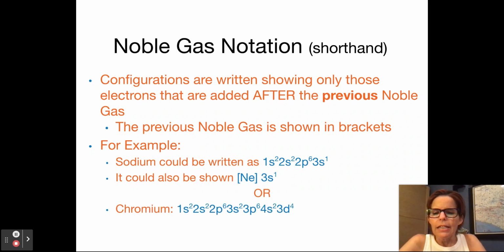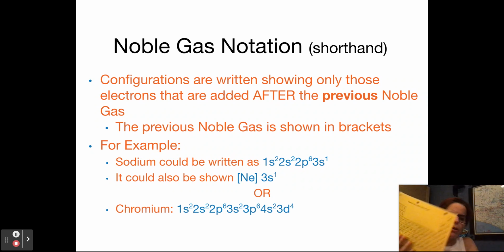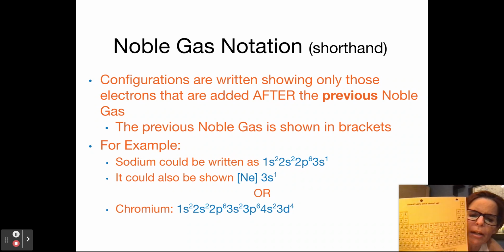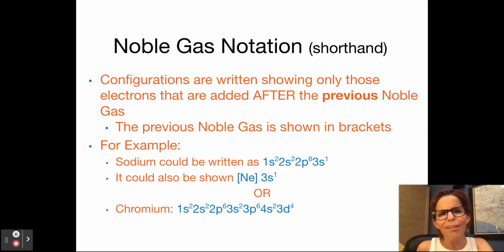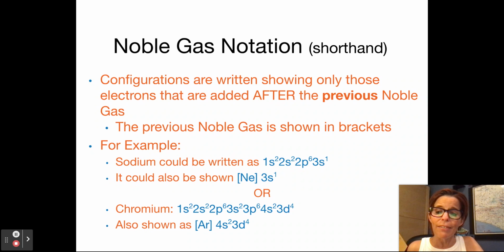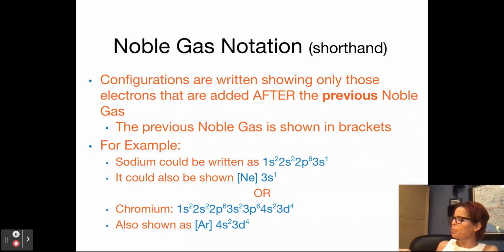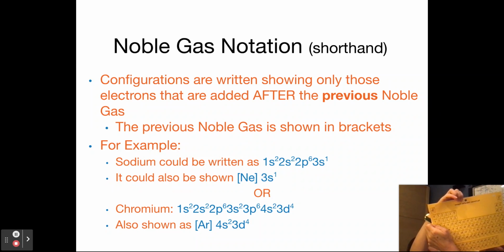Okay, so take a look. Here's chromium. Chromium is number 24. It's in the middle of the transition metals. I'm trying to point to it right there. If you have to write it out, it's a really long one. But if we try to make it faster, go to the noble gas that comes before it. Before 24, the noble gas that came before it is argon, number 18.